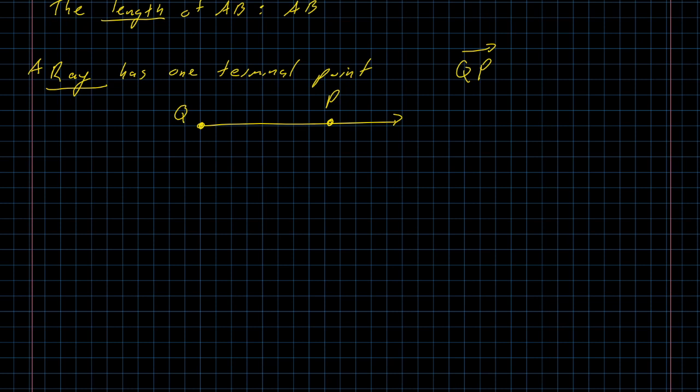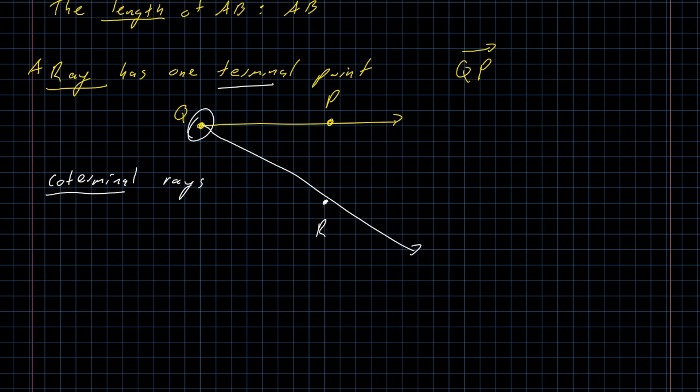If I have another point out here somewhere, like say this point R, I can draw another ray that also has the terminal point Q, calling them coterminal rays. Right?